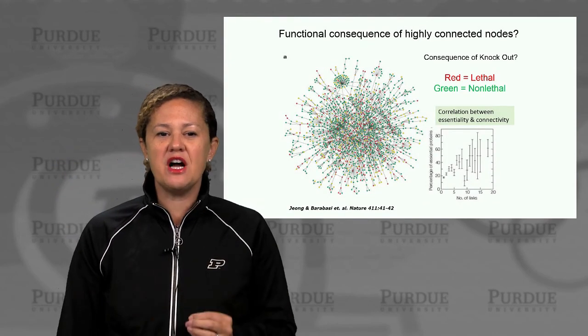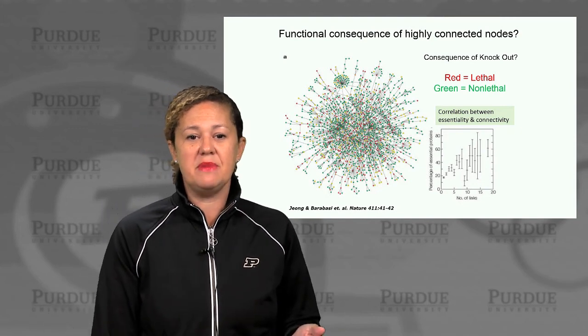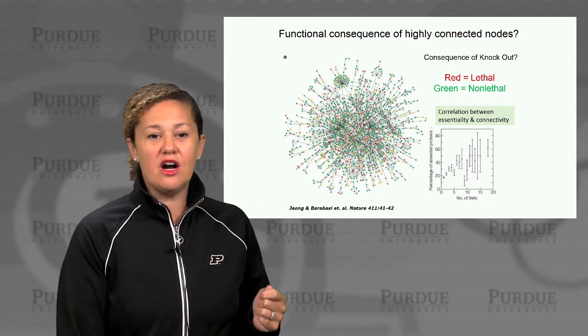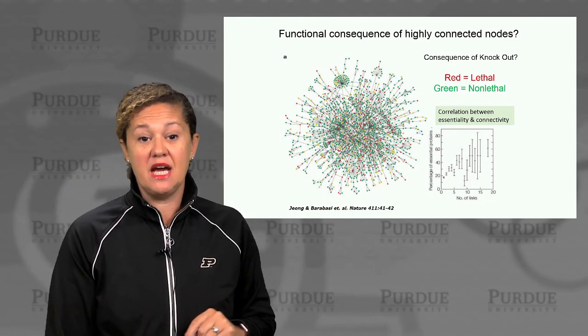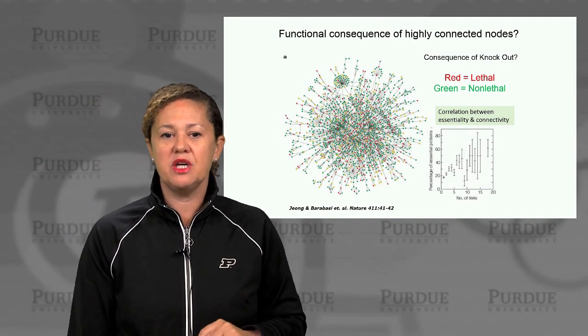So what's the functional consequence of this structure that we often see in biological networks? Well, there's some color coding in our yeast protein-protein network that we looked at before, but I didn't tell you what that color coding was.